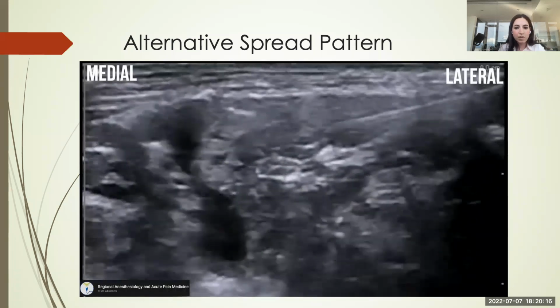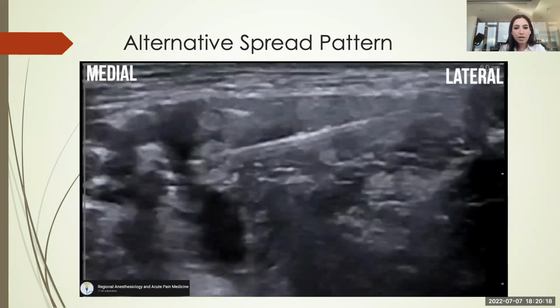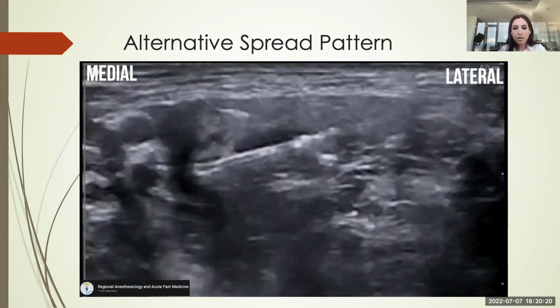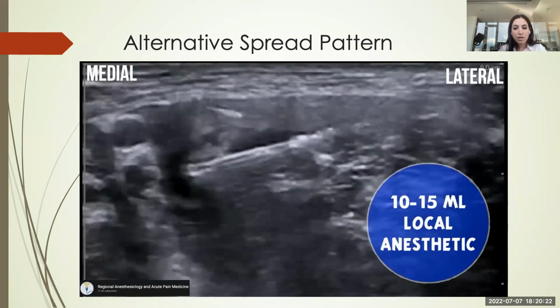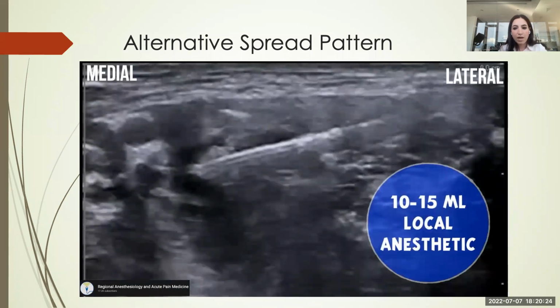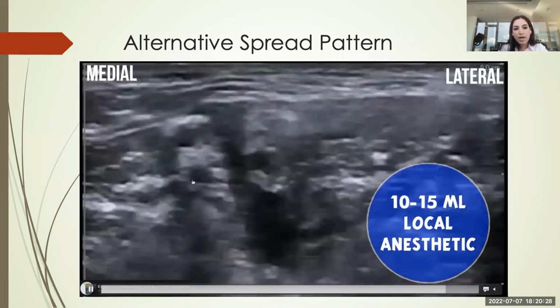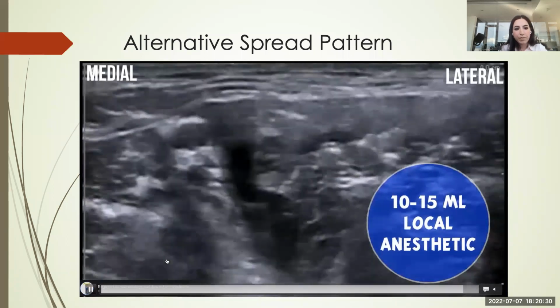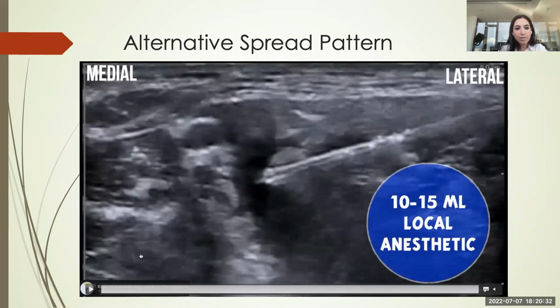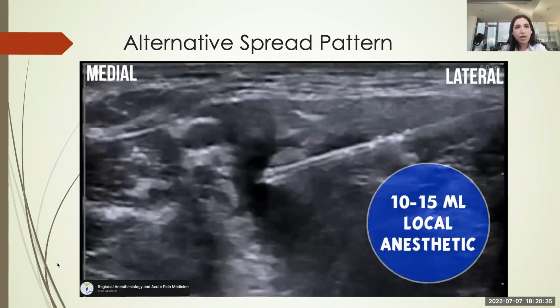And the idea is that the local anesthetic placed outside the sheath can diffuse across and anesthetize the nerve structures. This way, the risk of nerve injury can be minimized by staying outside the sheath. Now, I personally haven't used this method too many times, and anecdotally, I have heard that it can occasionally fail.